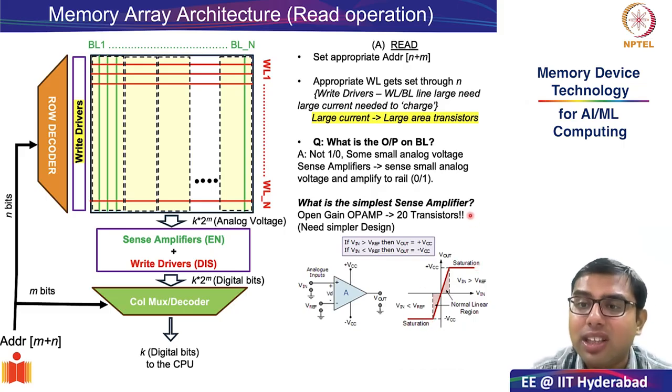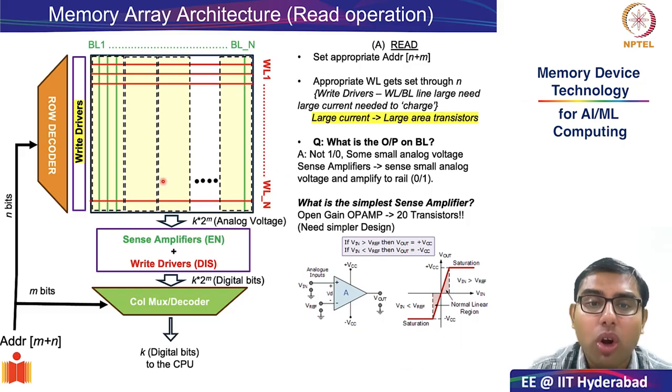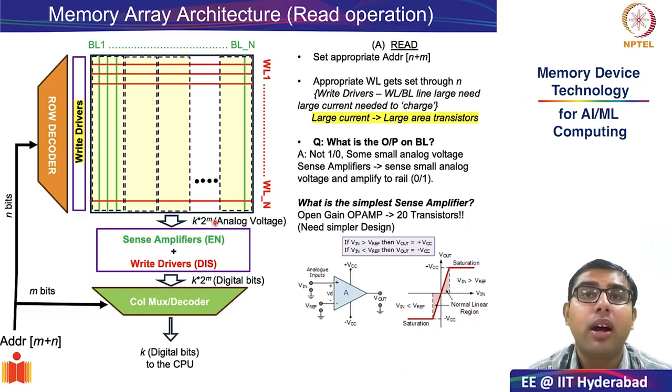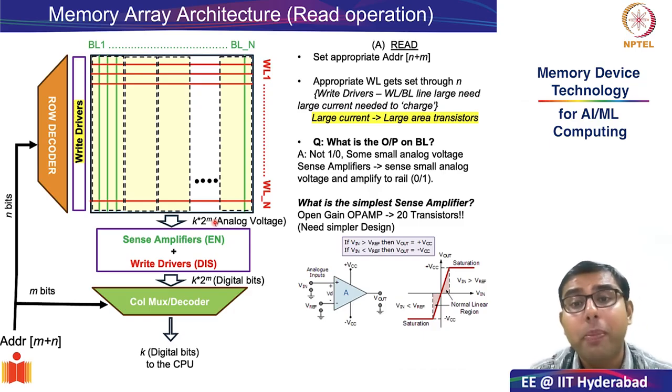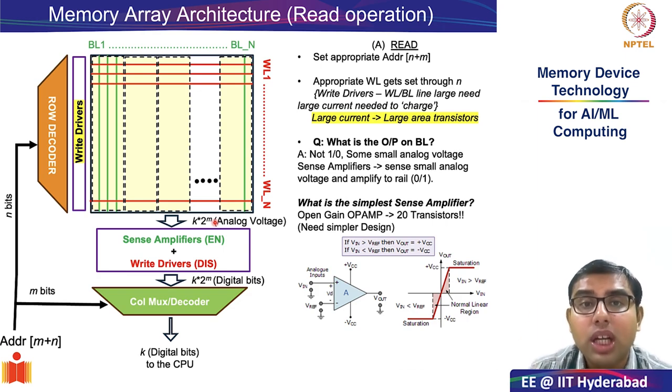However, you have to realize that a single op amp consists of 20 transistors. See the number of bit lines that are coming out from the array. It is k into 2 to the power of m. K into 2 to the power of m analog voltages are actually coming out from the memory array.